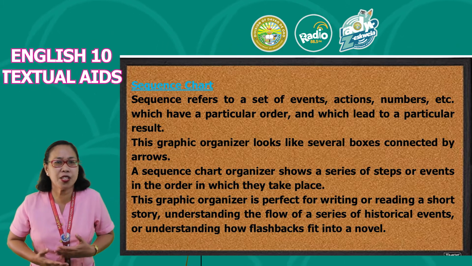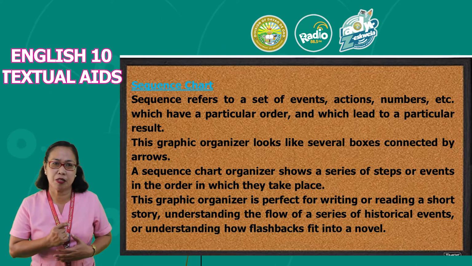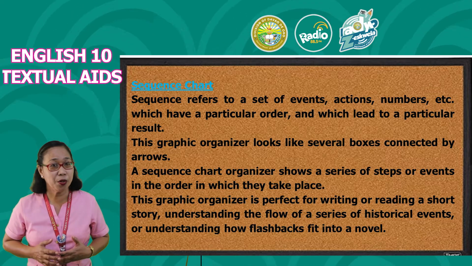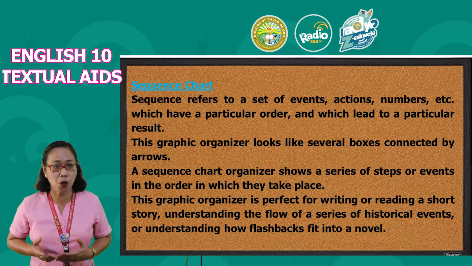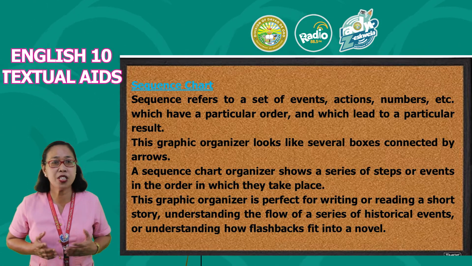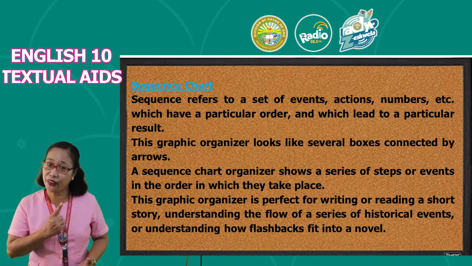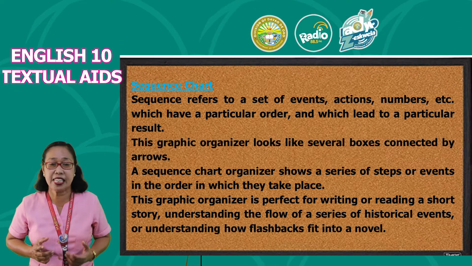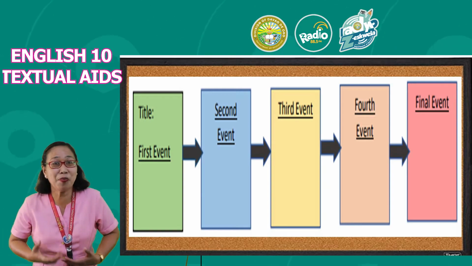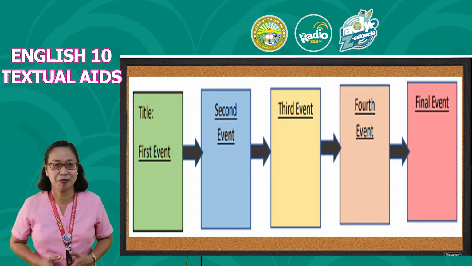This graphic organizer is perfect for writing or reading a short story, understanding the flow of a series of historical events, or understanding how flashbacks fit into a novel. Here's an example of sequence chart.